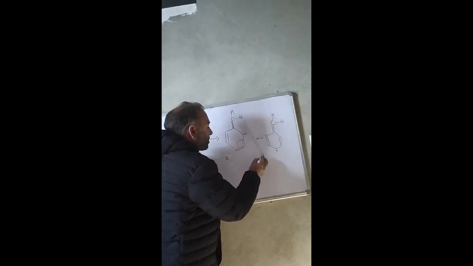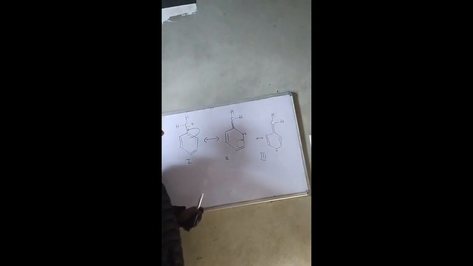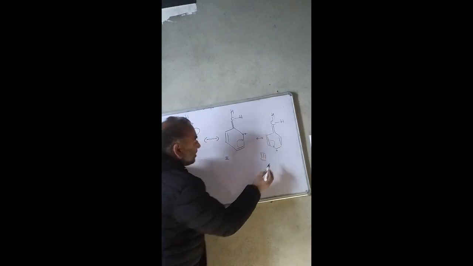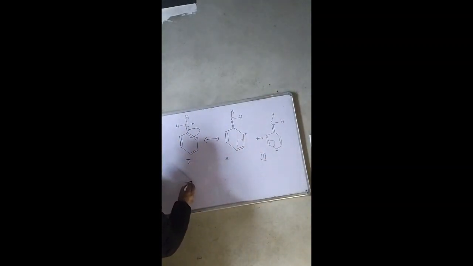This is structure number three. Then one more structure we will get. This positive charge will interact with this pi bond like this. Then the fourth resonance structure will be like this.